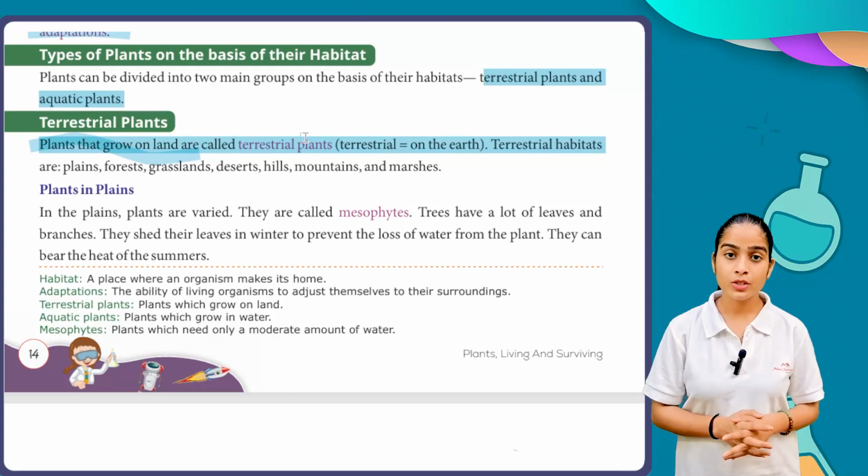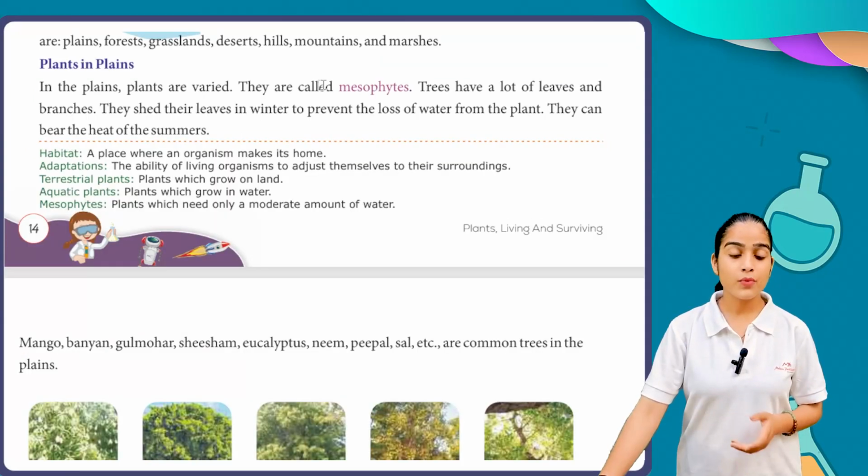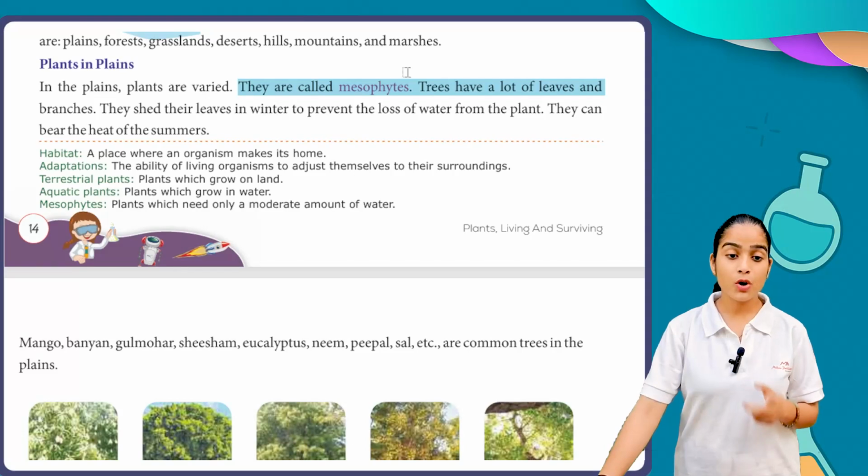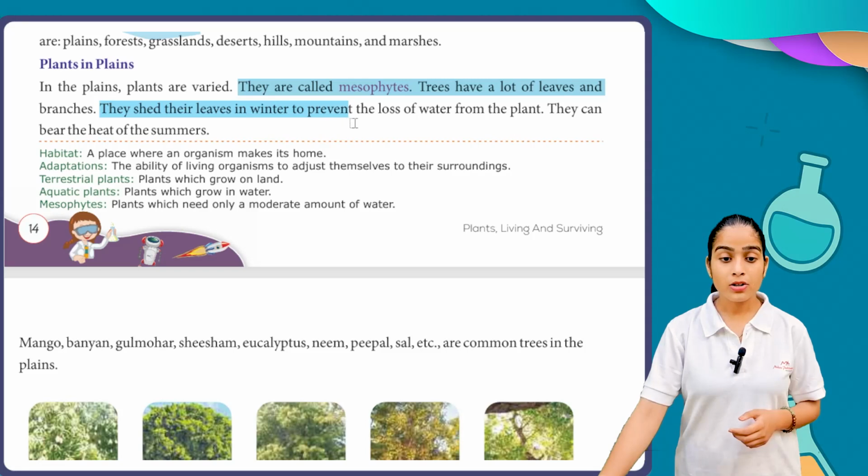So first we are going to learn about the plants in plains. In the plains, plants are varied. They are called mesophytes. So when we have plants on land, what do we call them? We call them mesophytes. Trees have a lot of leaves and branches. They shed their leaves in winter to prevent loss of water from the plant, and they can bear the heat of the summer.